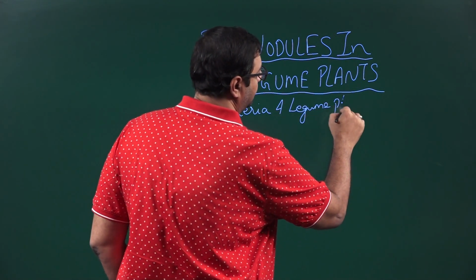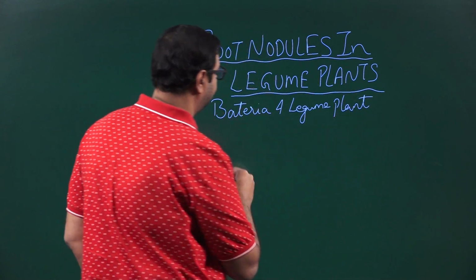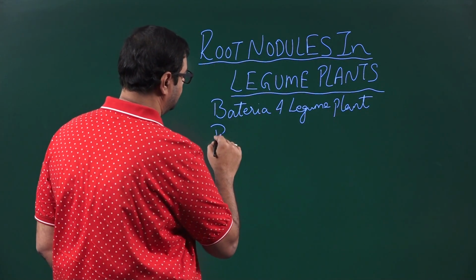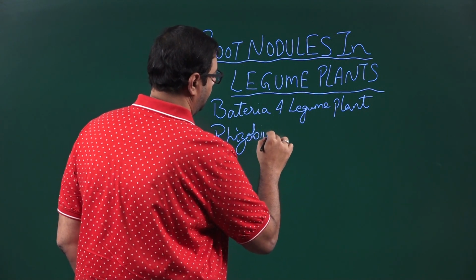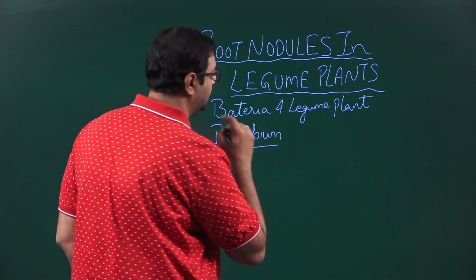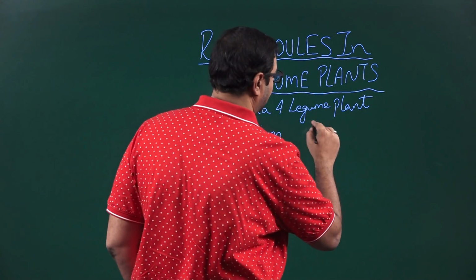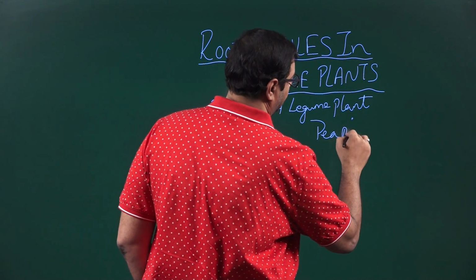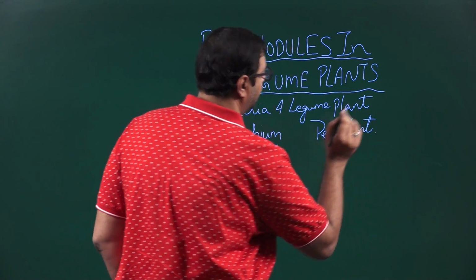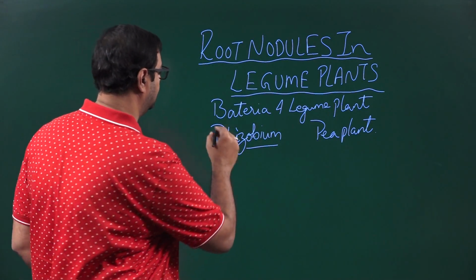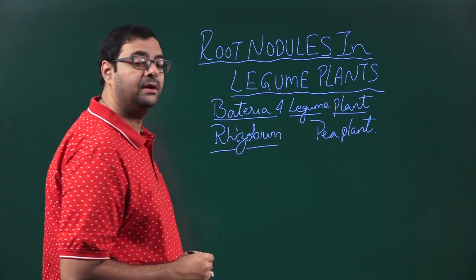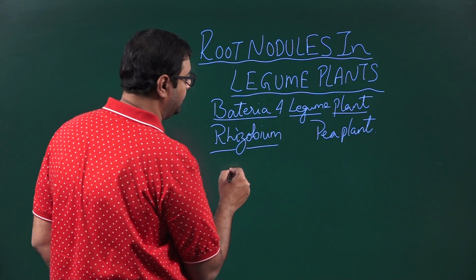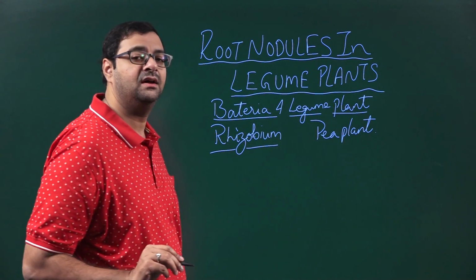Say for example, the bacteria is rhizobium, and the legume plant can be a pea plant. Rhizobium is a bacteria, and the pea plant is a legume plant.